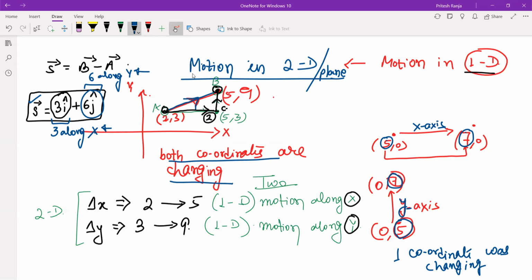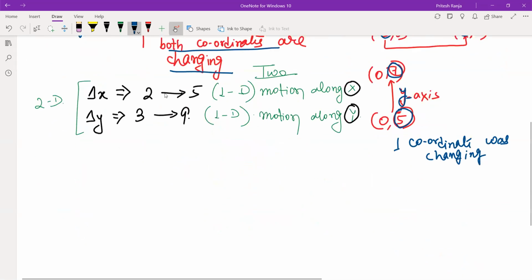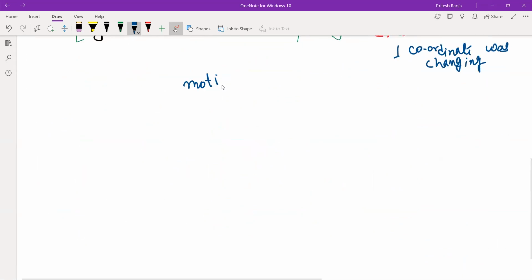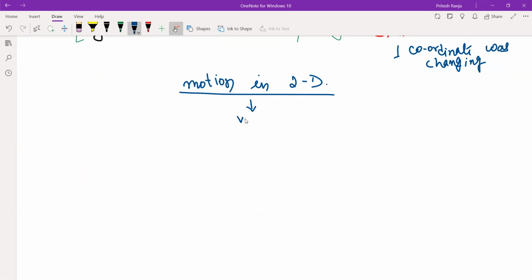Now the simplest way to deal with motion in 2D is that separate all the parameters along x and y. So we can say any problem we will have related to motion in 2 dimension, first thing is we can apply the concept of vectors. If even this complicates the thing, then what we are going to do, we will distribute it into two one-dimensional motion, that is motion in one dimension.